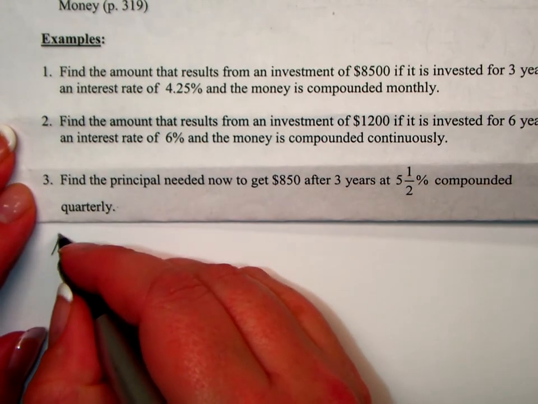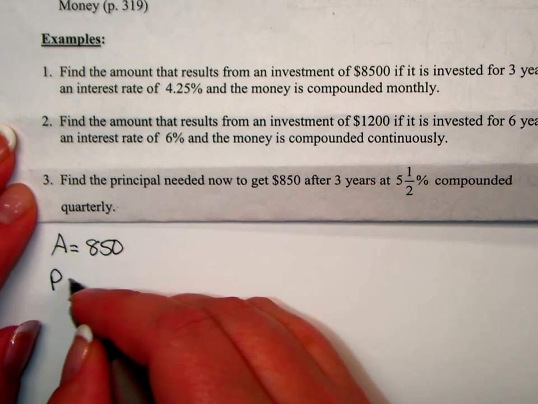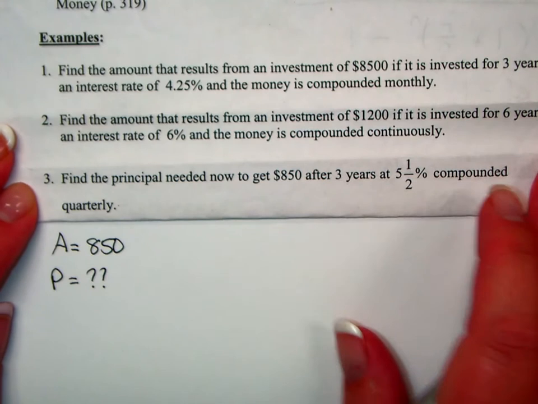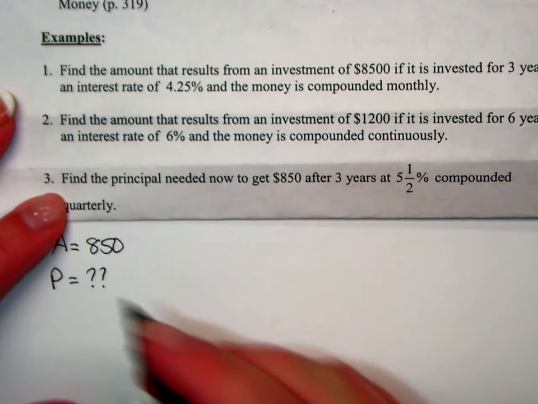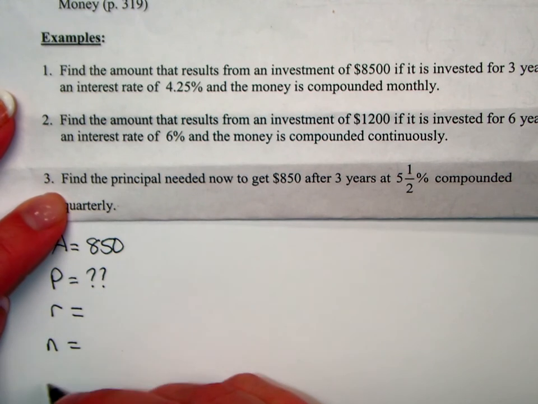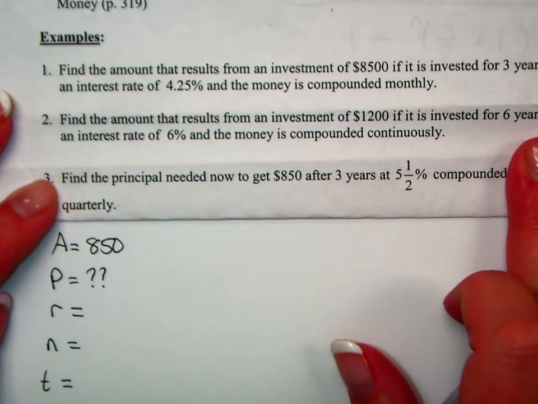So the amount this time is $850, and we're looking for the principal. Okay, how much we need to invest, right? Find the principal. That means we don't know what it is, right? So then we need to figure out what R, N, and T are. R is the interest rate as a decimal.